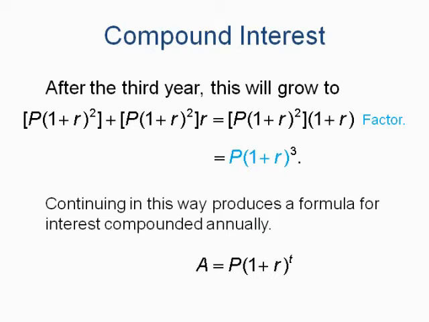And after the third year, we get P times (1 plus R) cubed. Continuing in this way produces a formula for interest compounded annually: the amount equals P times (1 plus R) raised to the T power.